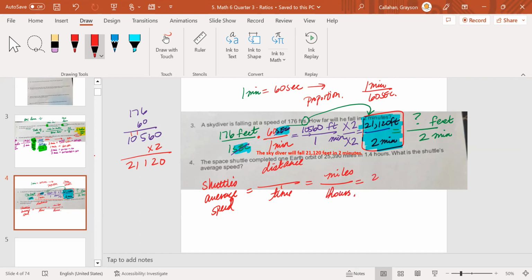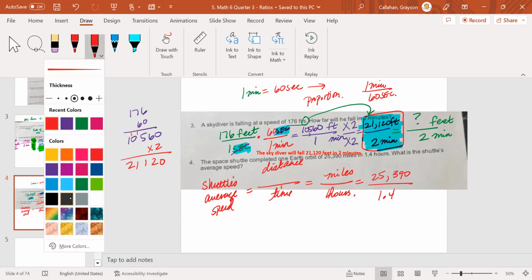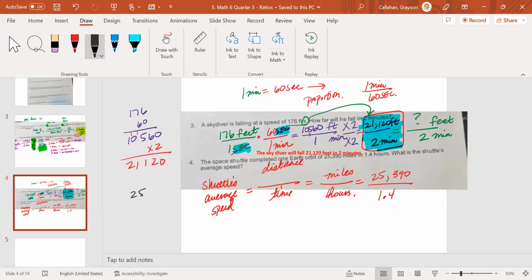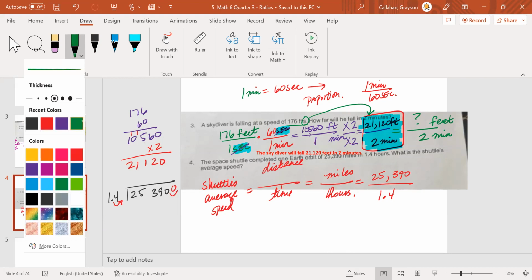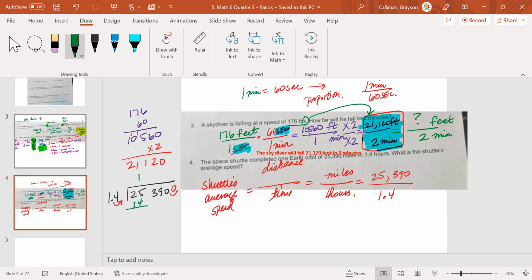So then 25,390 miles divided by 1.4. So 25,390 divided by 1.4. You move that over by 1, so you have an extra 0. So now you're going to be dividing 14 into this. 14 times 1 is 14.